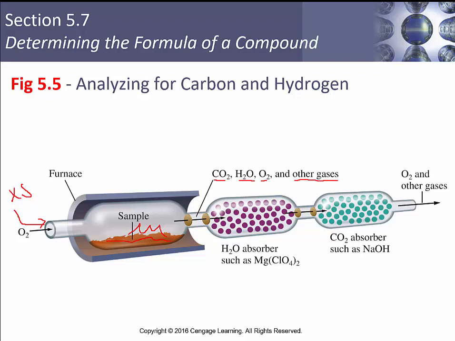We can put in something that absorbs water, like magnesium chlorate. And we're going to get a mass of water, which is going to tell us our moles of water, which is going to tell us our moles of hydrogen. So if we completely combusted our sample, any hydrogen we've got is going to get stopped here.